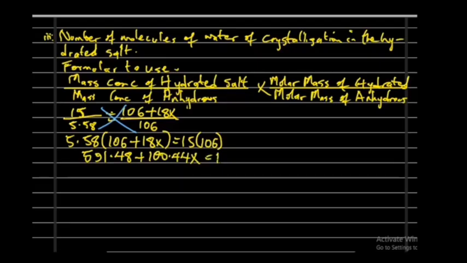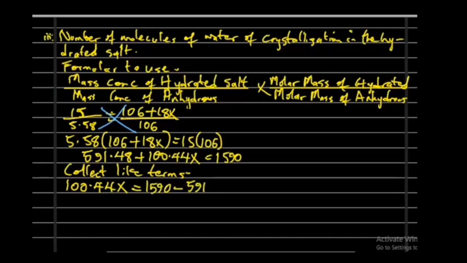100.44x equal 1590. And then when we collect like terms now, collecting like terms, we have 100.44x equals 1590 minus 591.48.